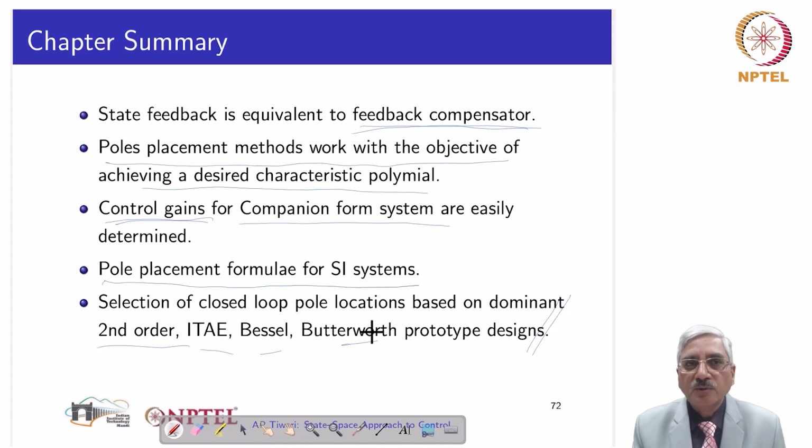It may have numerical difficulties. This may happen when we transform the system to the companion form. So in practical situations, we face difficulties in doing pole placement either directly or through companion form or through formulae. We face the difficulties and we have to solve these challenges through some other means.